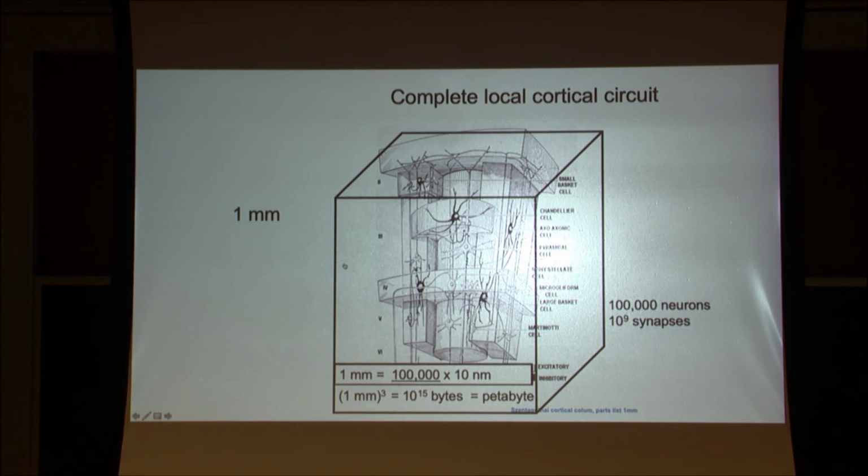But at the beginning of this field 15 years ago, this was the grand goal. Are we ever going to get to a cubic millimeter? Are we ever going to get to an entire local cortical circuit with 100,000 neurons, 1 billion synapses, and largely self-contained, except for the long-distance connections to and from this, but largely self-contained.